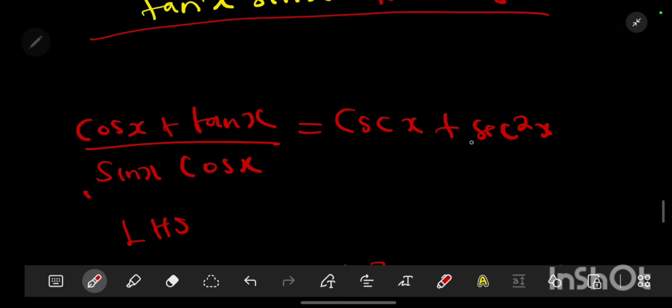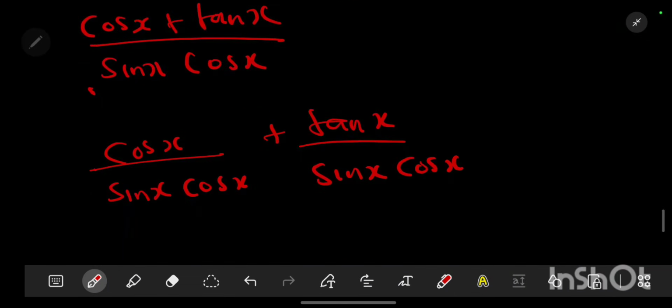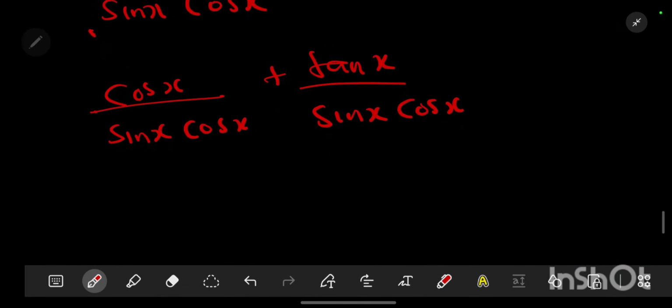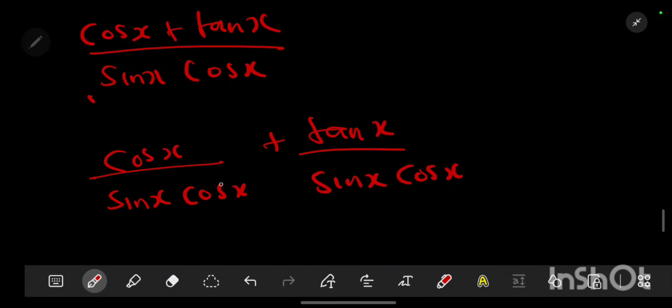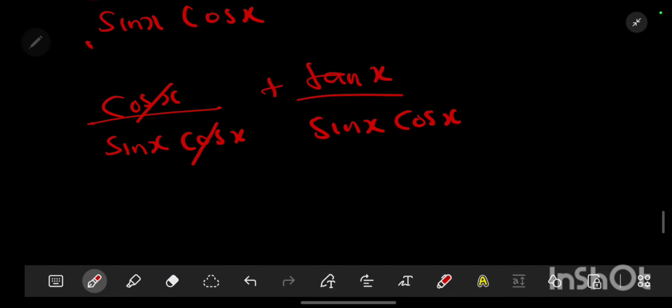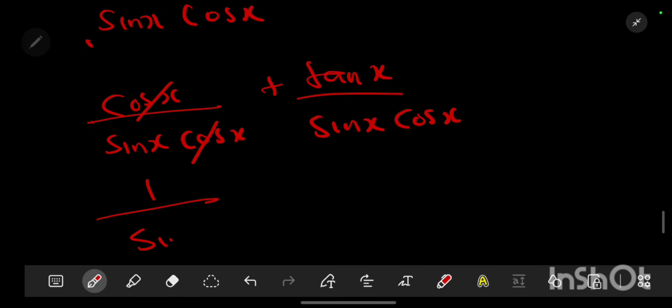So the answer is this. So what we are just going to do is let us just divide. Already what we can see from here is this and this goes. So we are remaining with 1 over sine x, then we have plus tan x.